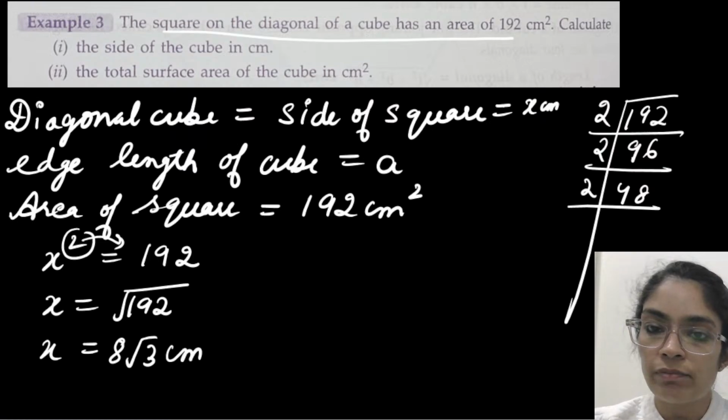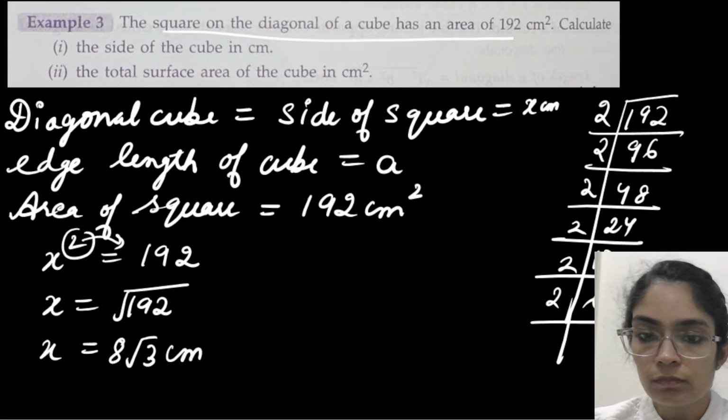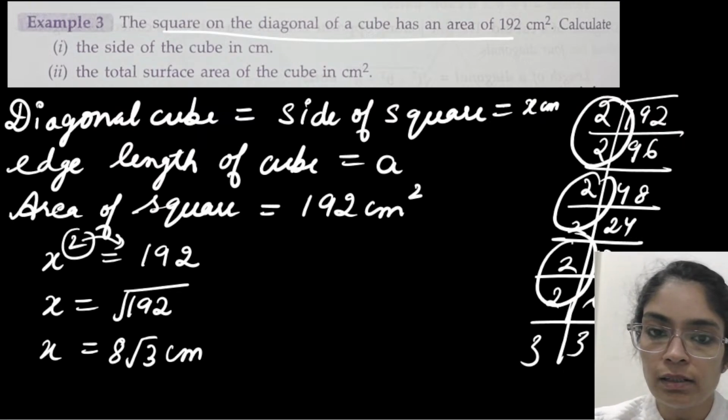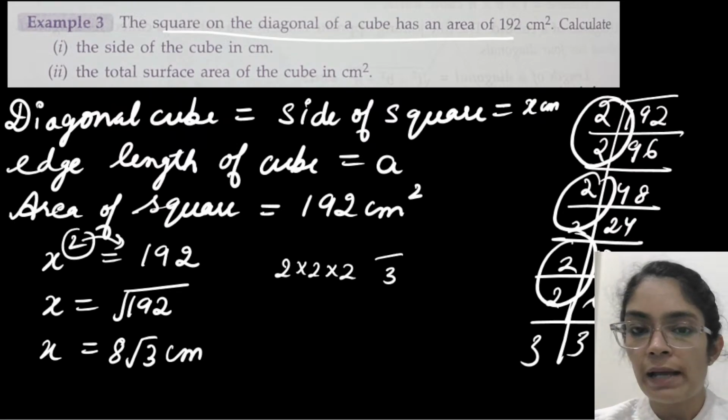You just do prime factorization. Pairs you can take out of the root. So 3 pairs of 2 are there, so 2 into 2 into 2, and one root 3 will be inside the root. So 8 root 3 is the value.